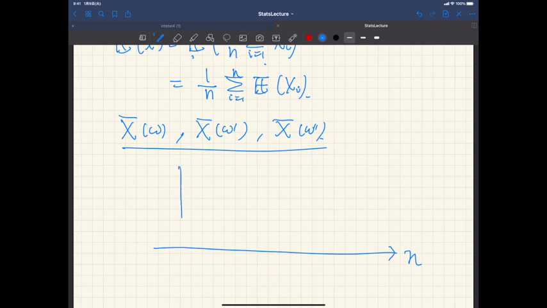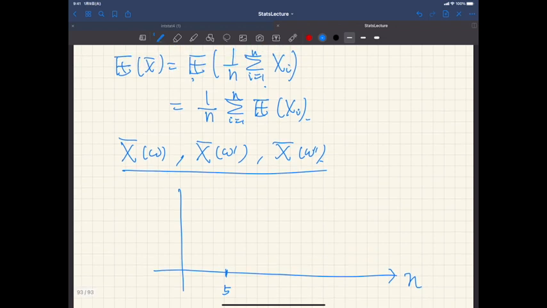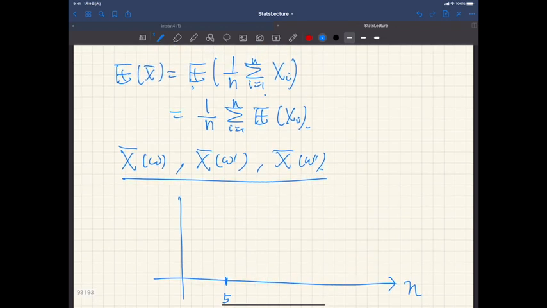Let's say if n is 5, each year we can measure temperature only for 5 days. Then every year we may have very different values of x bars.